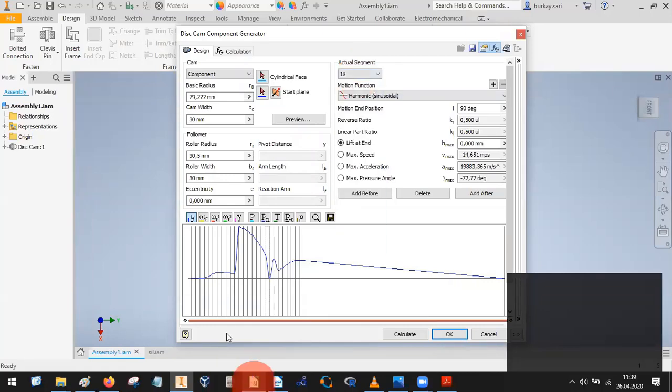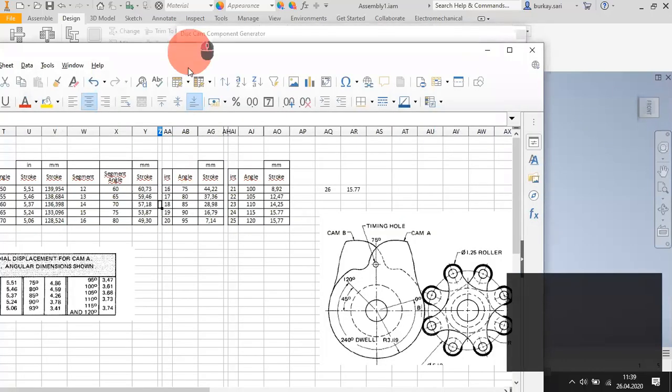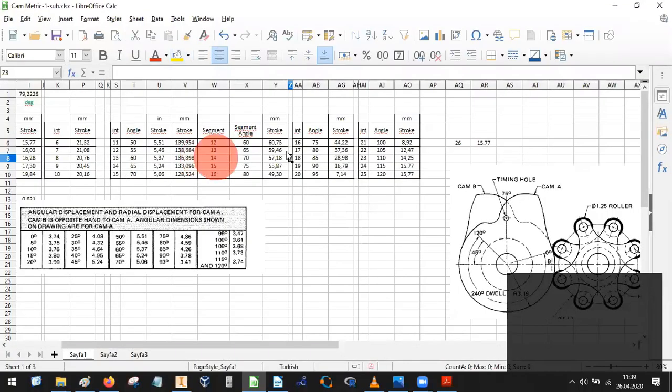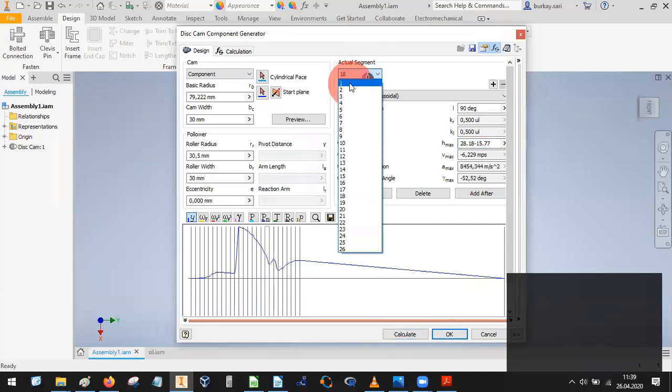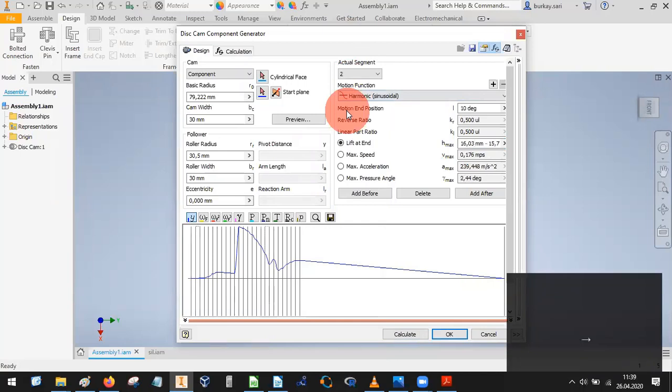The 18th, it is 28.98. Minus 15.77. Okay, let me check the segments.